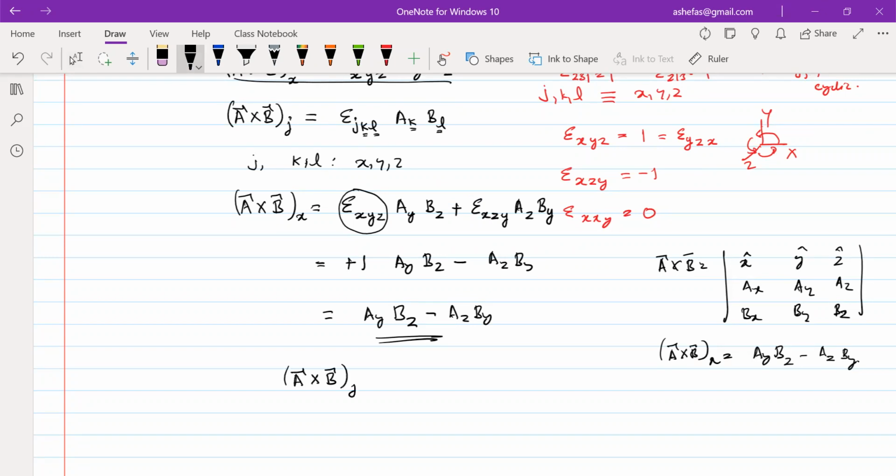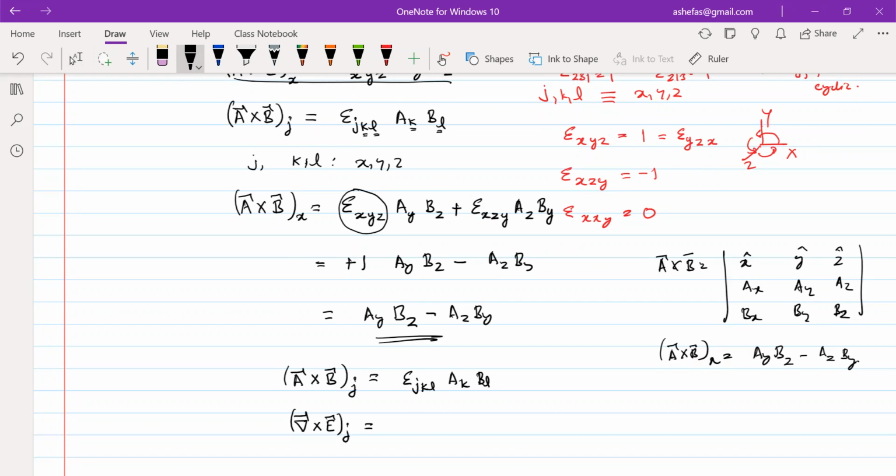So the jth component of A cross B you can write as epsilon JKL AK BL. Okay, then what about the jth component of del cross E?